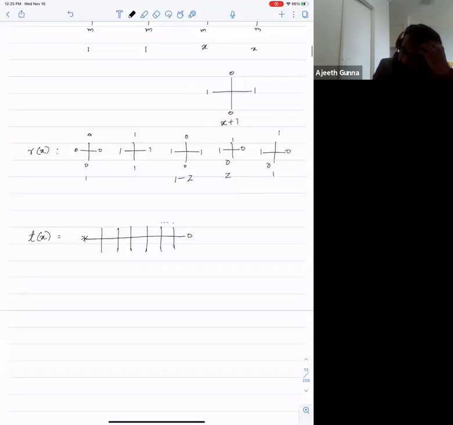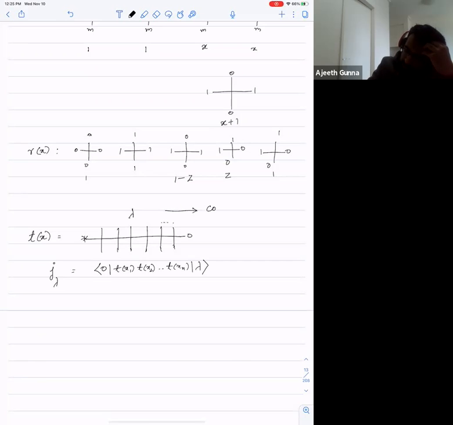How do you get this polynomial? This polynomial is nothing but 0. And what kind of encoding am I using here? I'm using column multiplicity.